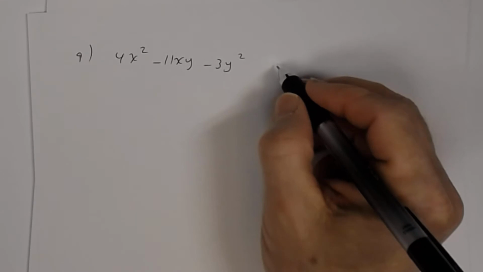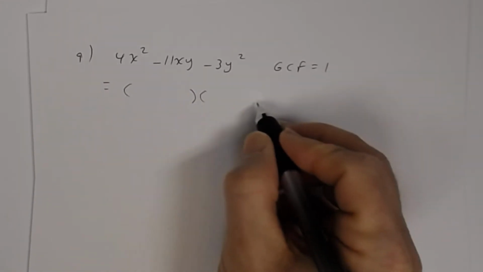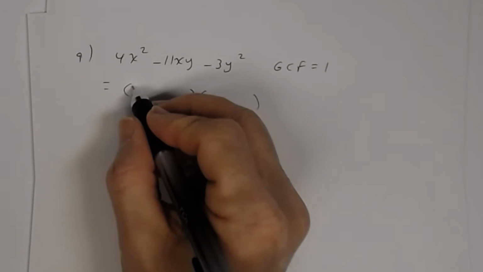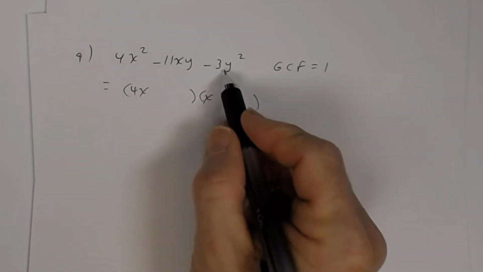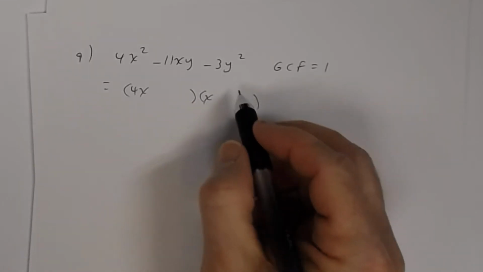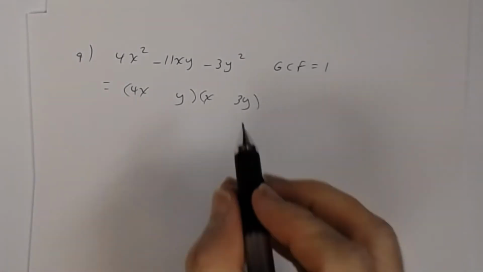The GCF is 1. So let's go directly to the two binomials. And for that one, let's try 4x and x. I think that's the one that's going to work. So let's do 4x and x. And for 3y, there's only one possibility, 3y and y. And it looks like 3y is going to go here, y is going to go there. And the last sign's negative.